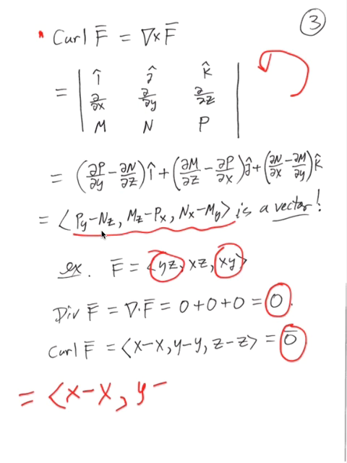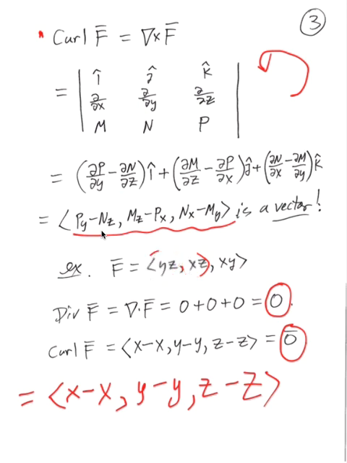That would give us y. Let's erase those now. And then N with respect to x would be z, minus M with respect to y, that would be z, and we get 0.